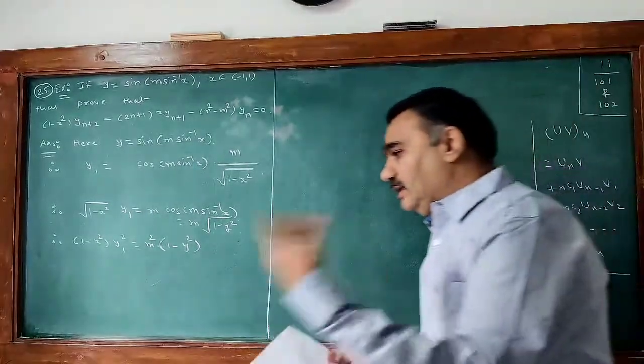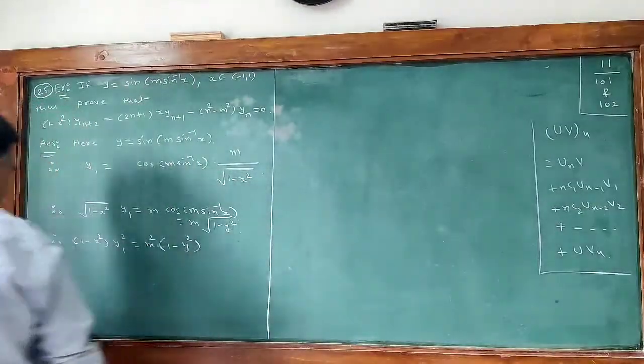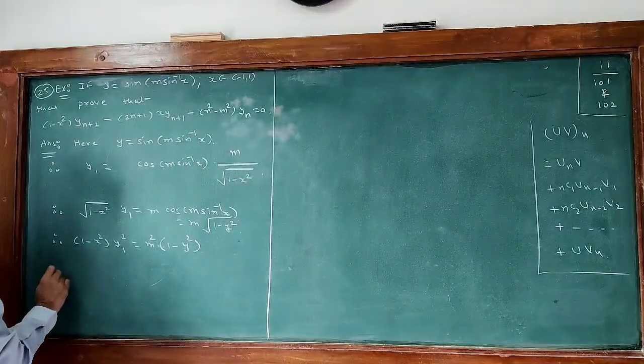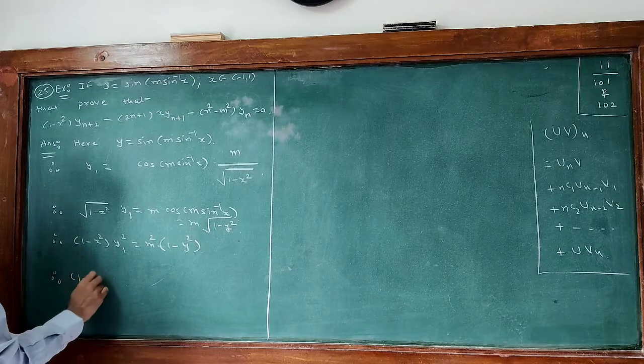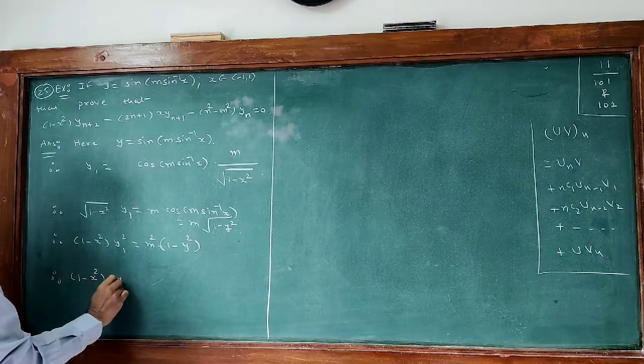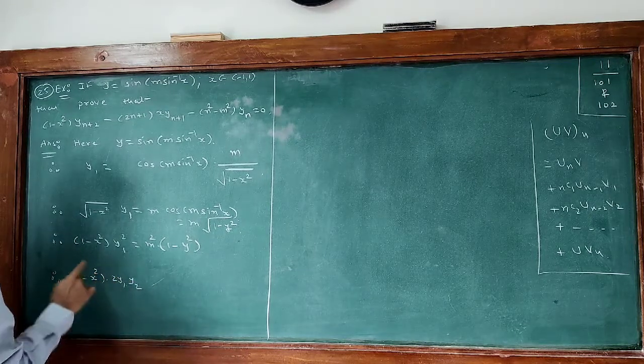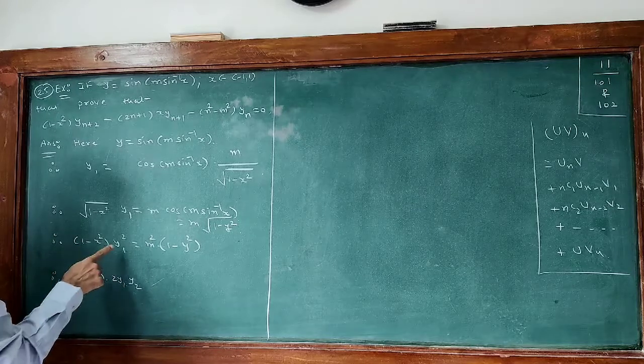And then we do one more derivation, and therefore 1 minus x square as it is.